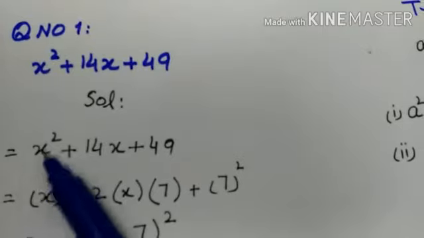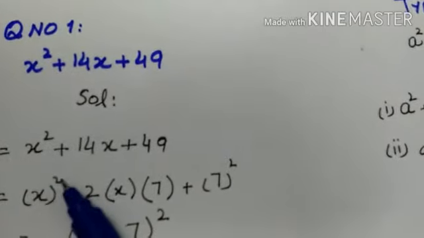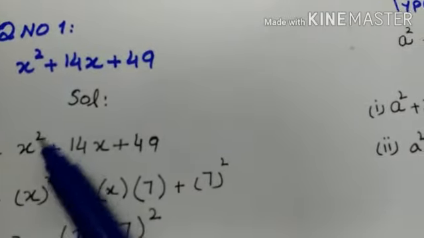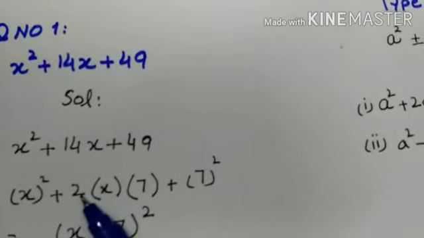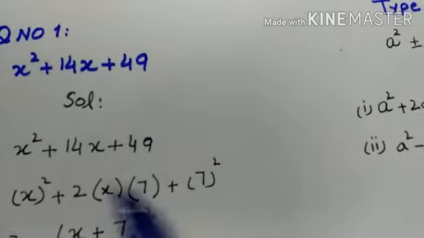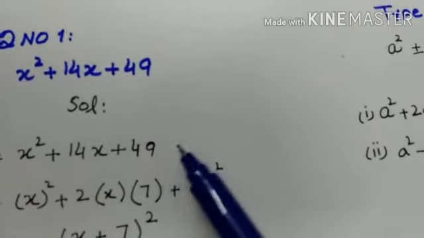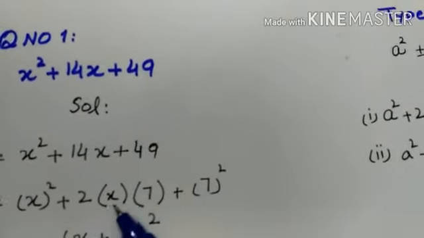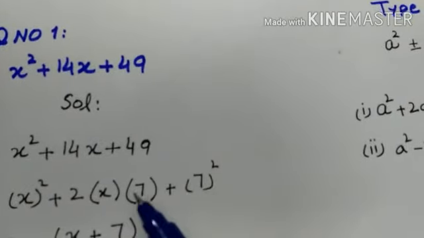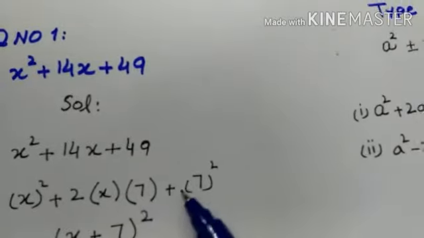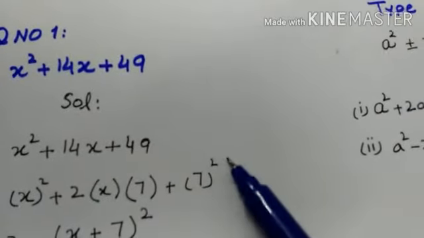If you see, x square means x square, only this value square, plus according to the formula 2 will be here. Then the product of AB, A means this term, B means this term. A is x, B means 49 is the square of 7, that means 7 will be here, plus 49 is the square of 7.